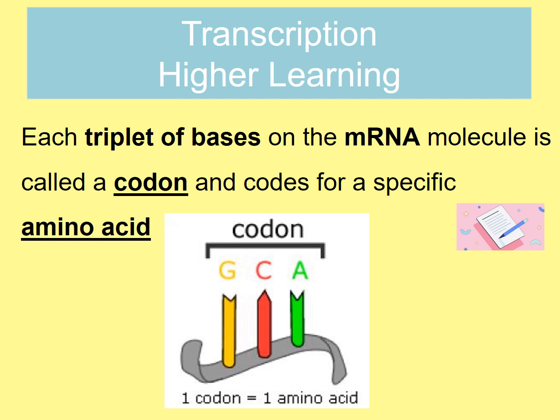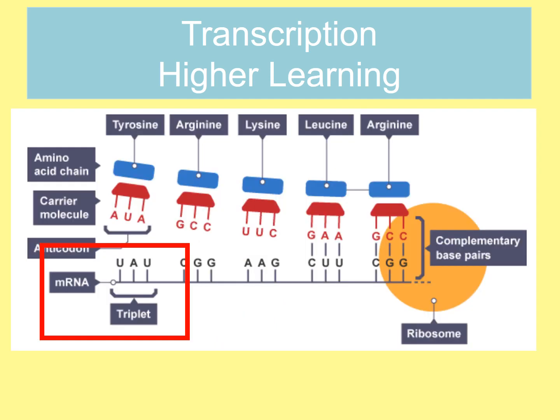So on the screen in front of you, you have what's called a codon. So in a messenger RNA molecule, each triplet of bases is called a codon, and each codon corresponds or codes for a specific amino acid. On the screen, you can see an example highlighted of what we call a codon or a triplet sequence of bases.